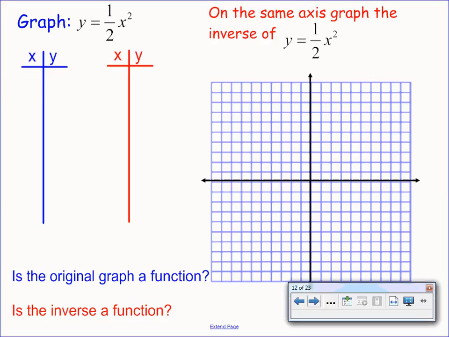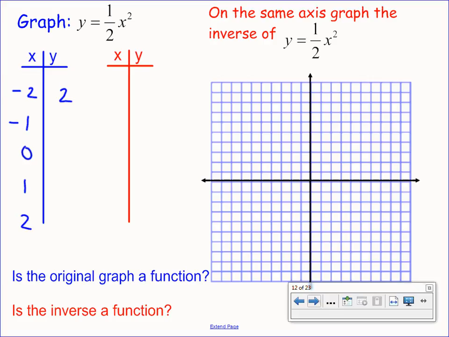Ready? If I plug in some x values, I'll do -2, -1, 0, 1, 2. I can generate some x, y ordered pairs by evaluating my function rule for these x inputs. -2 squared is 4, and then half of 4 is 2.